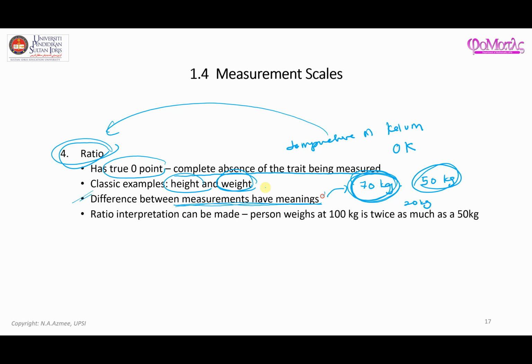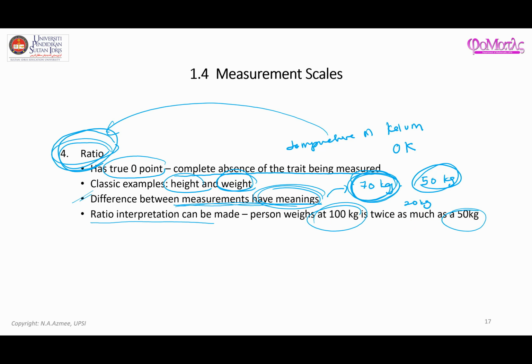So that's what it means here, it has meanings. Similarly, we can make a ratio interpretation. For example, a person who weighs 100 kilogram is twice as much as a 50 kilogram person.